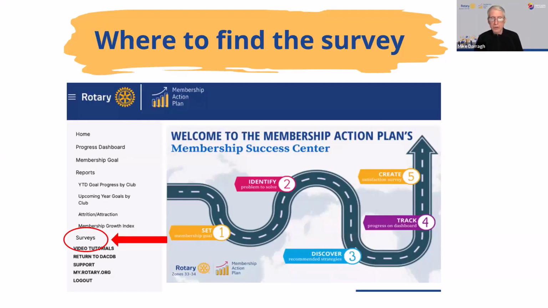But you go down on the left-hand side, and as you can see, it's circled, surveys. You click on that, and as Rich said, it leads you through how to do the survey and how you want to send it out, whether it's a link or, as Rich used, a QR code, and off you go.